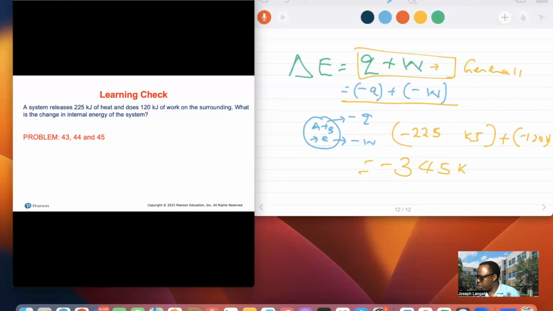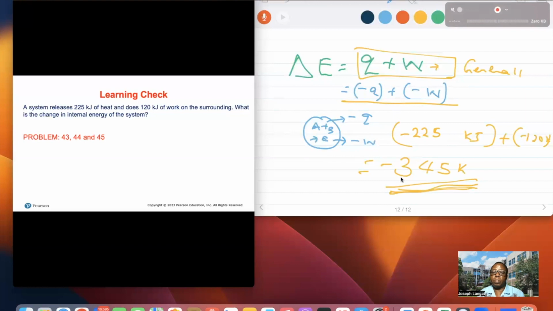kilojoules in total. This is what I was saying: in a multiple choice quiz or exam, this might be positive 345 kilojoules, negative 345 kilojoules. If you don't do your homework with the sign convention, you will get it wrong. Sometimes the problem could be work is being done on the system or the system is doing work.